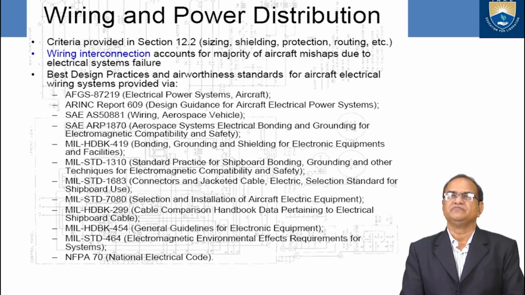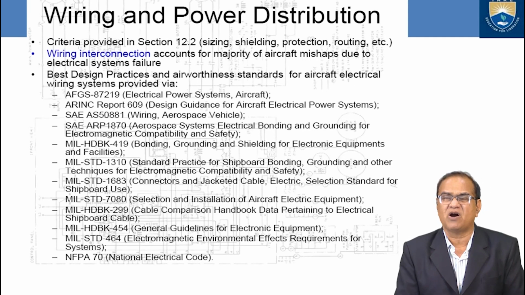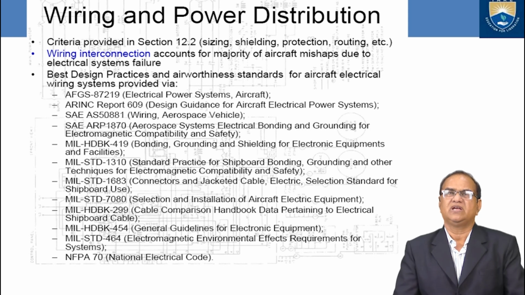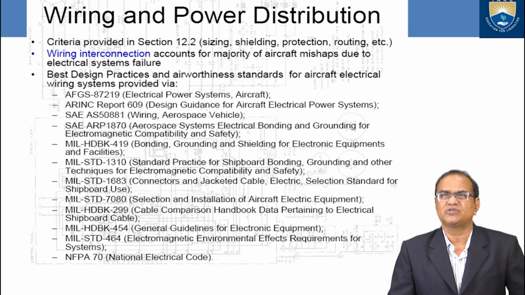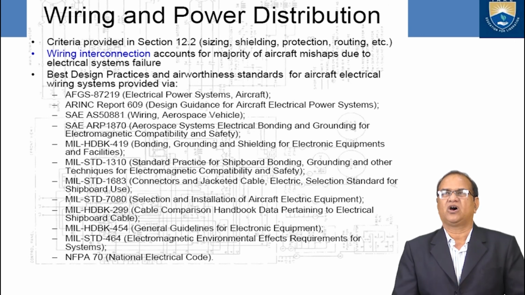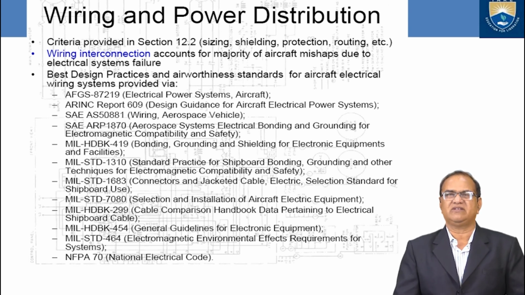Now, wiring and power distribution. Criteria are provided in section 12.2: sizing, shielding, protection, routing, etc. Wiring interconnection accounts for the majority of aircraft mishaps due to electrical system failure.